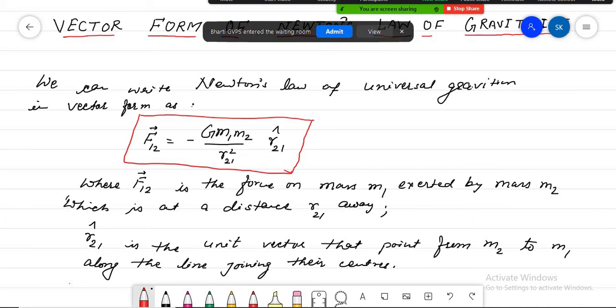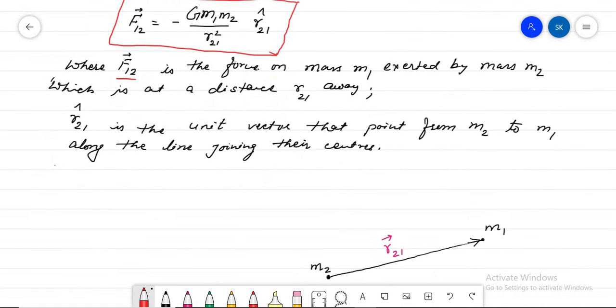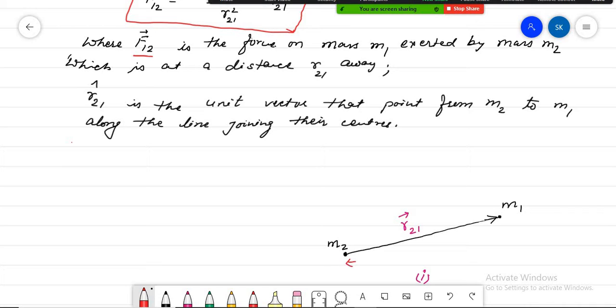I discussed with you what is F21. So F21 is the force on mass M1 exerted by the mass M2, which is at a distance R21. I will also show the R21 here. So what is R21? You can see from here. This is the distance from M2 to M1, है ना?